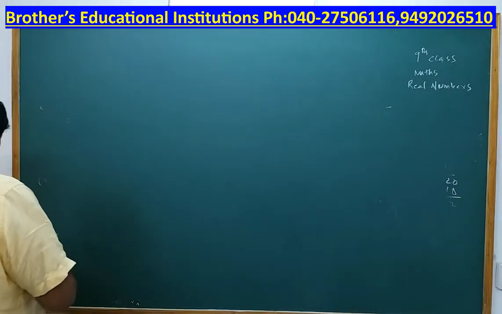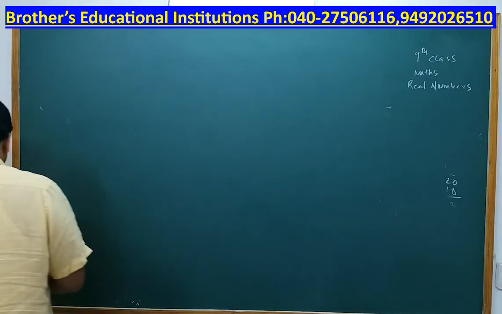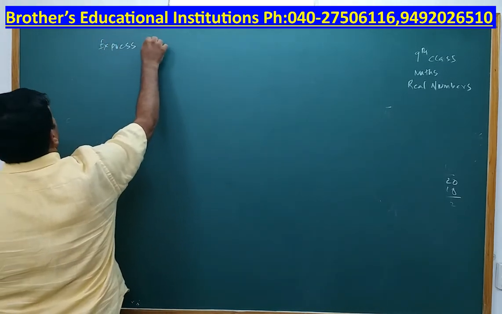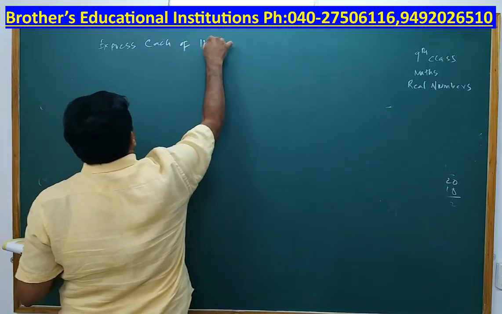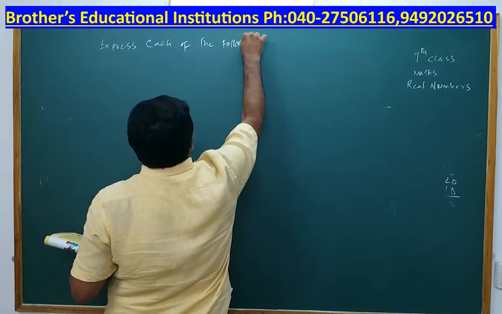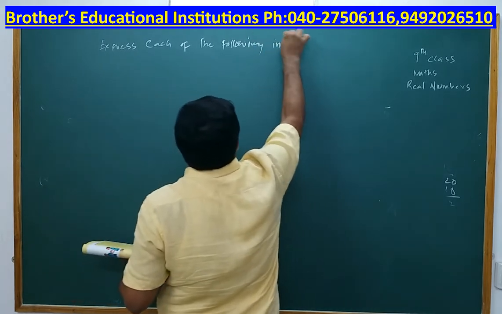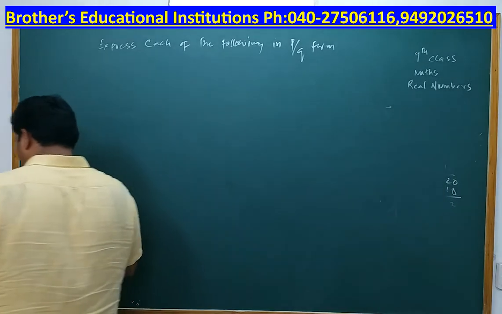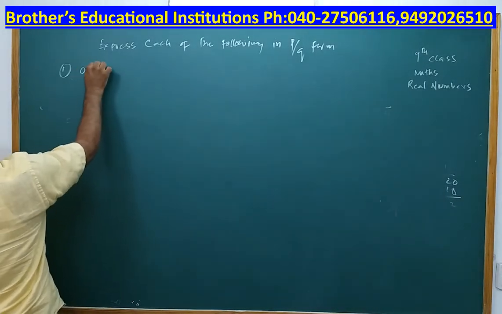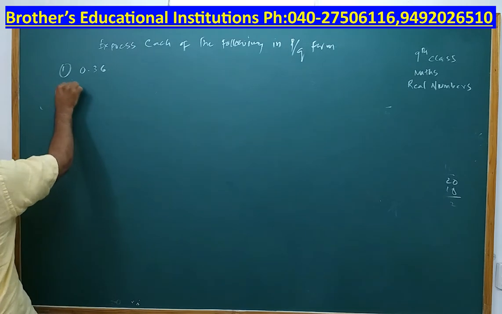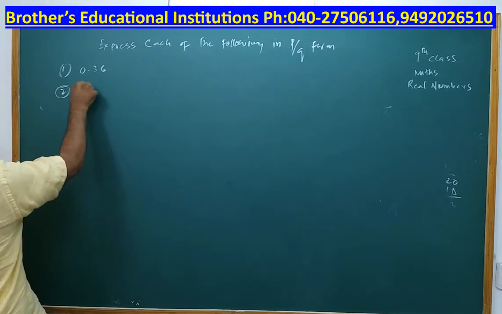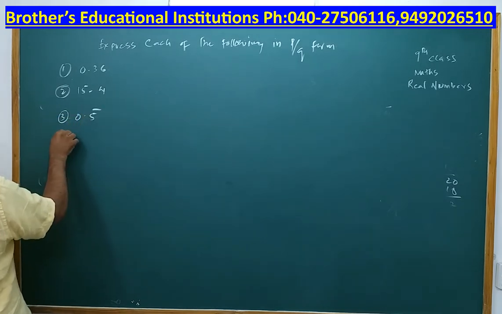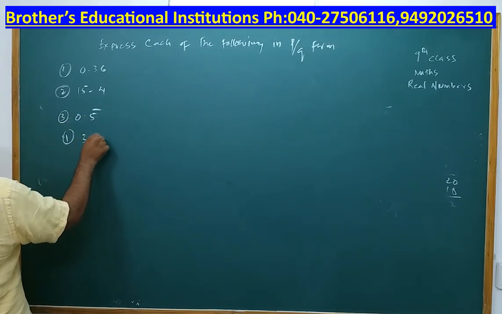Express each of the following in P by Q form. So first one is 0.36, second one is 15.4, third one is 0.5 bar, fourth one is 3.8 bar.